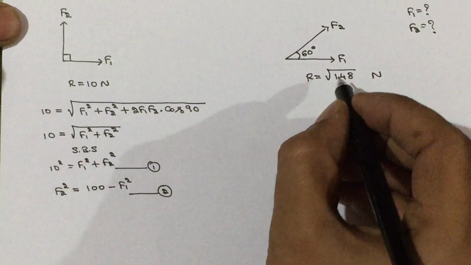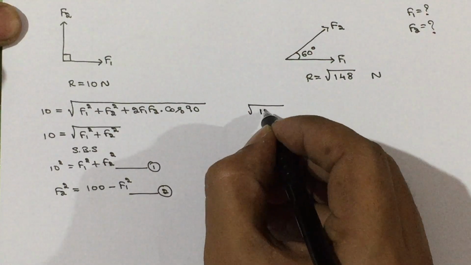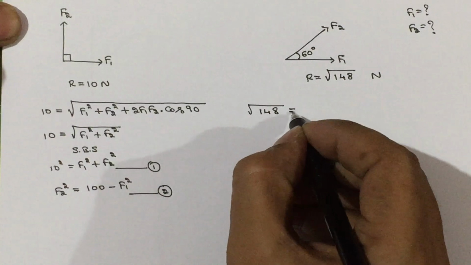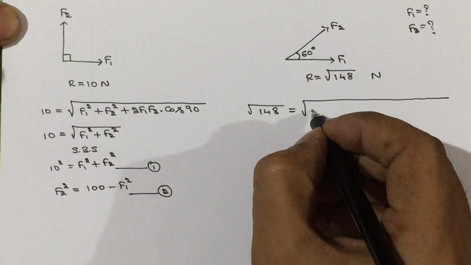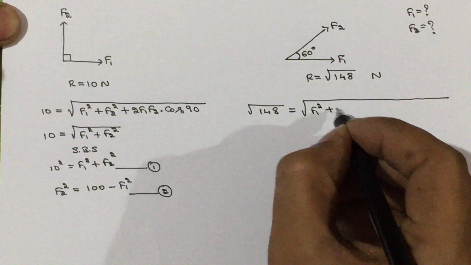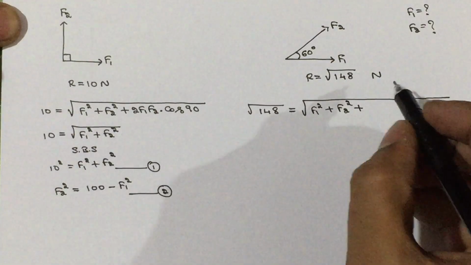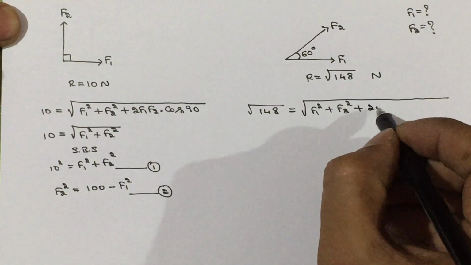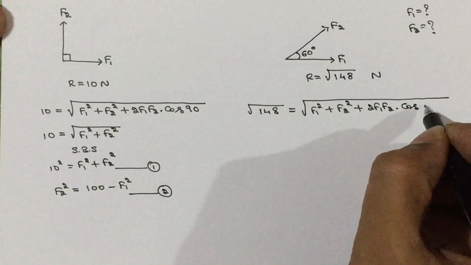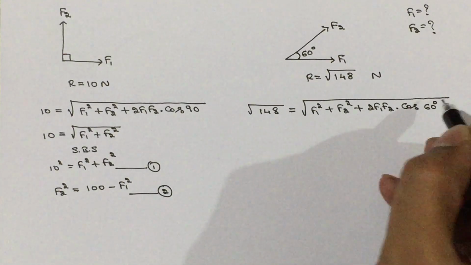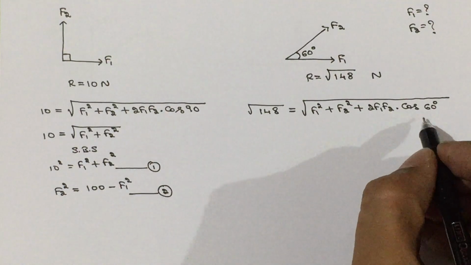So, substitute here R is square root of 148, that is equal to square root of F1 square, we do not know, so write it as it is, plus F2 square plus 2 F1 F2 into cos alpha, that is cos 60 degree. Cos 60 degree is nothing but 1 by 2.